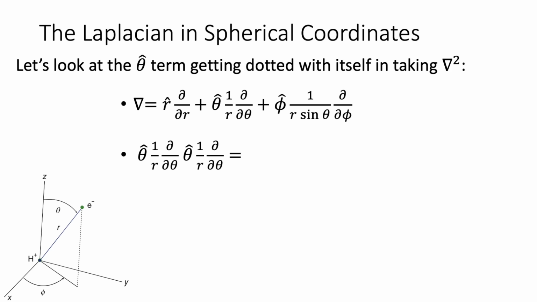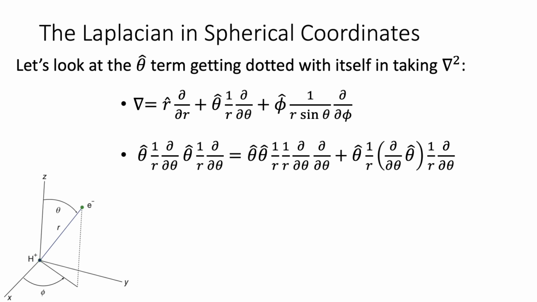So again, we recall the product rule. In terms of this, we can look at that first operation, that d/dθ, of θ hat, 1 over r, d/dθ, right? So this operating on these 3. But 1 over r is not a function of theta anyway, so you might as well just group that into one of them.